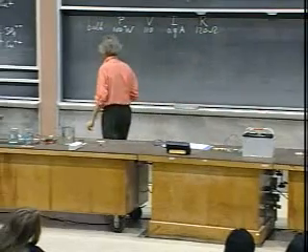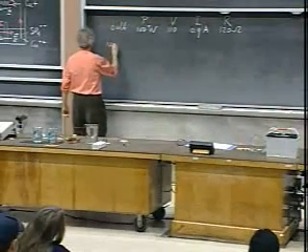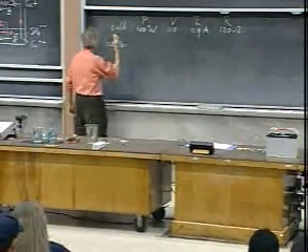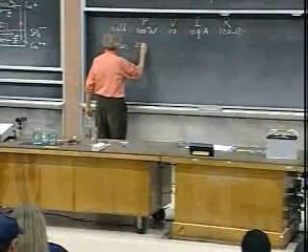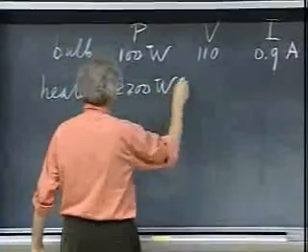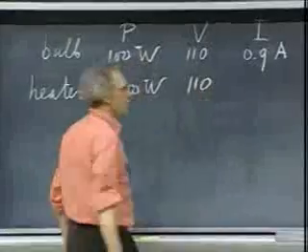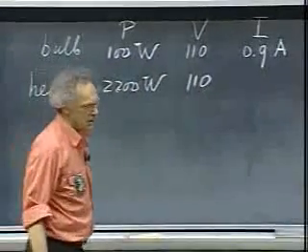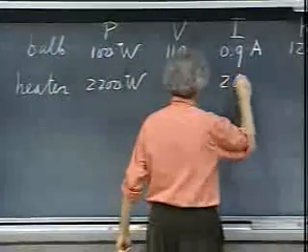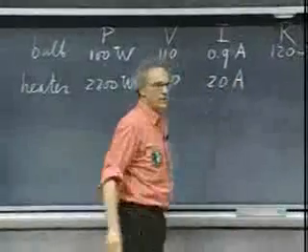If we take the heaters that you have in your dormitories, typically 2 kilowatts, but let's make it 2200 watts, because that divides nicely through the 110 volts. So then you would have 20 amperes. That's a lot of amperes.